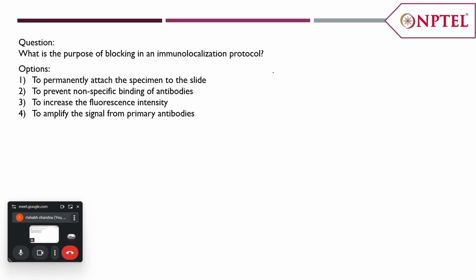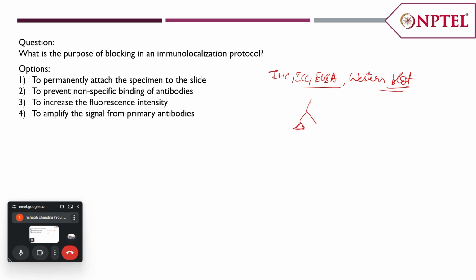So, as I just told you, we have specific techniques like IHC, ICC, ELISA, or Western blot for the detection of specific proteins. What will happen if we are utilizing antibodies for the detection of a specific protein?